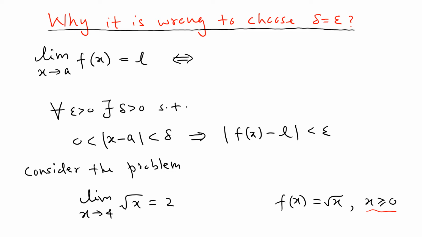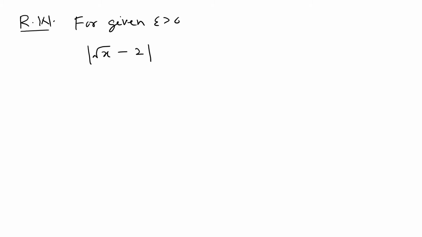I'm going to work with some rough work, because for these problems you always have to do rough work and figure out what the actual delta is. So for a given epsilon positive, what we need to prove is that the square root of x minus 2, that's the limit we get, is less than epsilon.